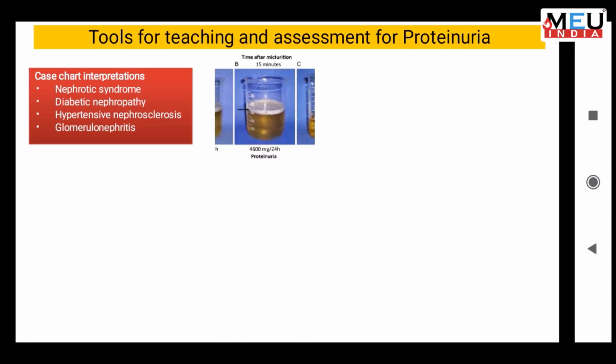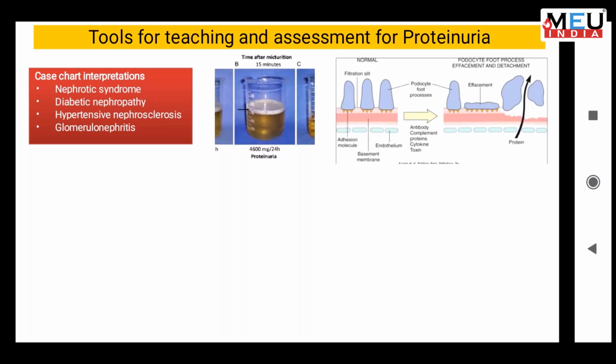Or we can give some placards like this which show the normal glomerular basement membrane, abnormal glomerular basement membrane, and ask what is the reason for proteinuria there. We can go with the laboratory tests like pattern of urine protein electrophoresis and try to tell them the differences between tubular and glomerular proteinuria. Same can be used for even assessment also.